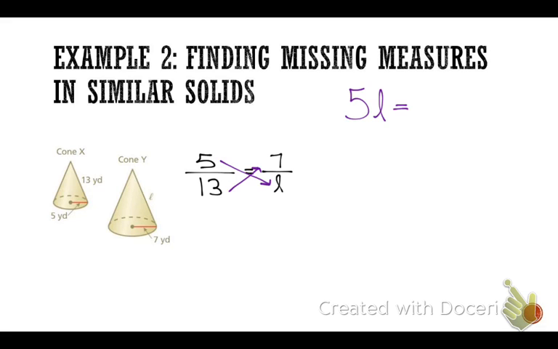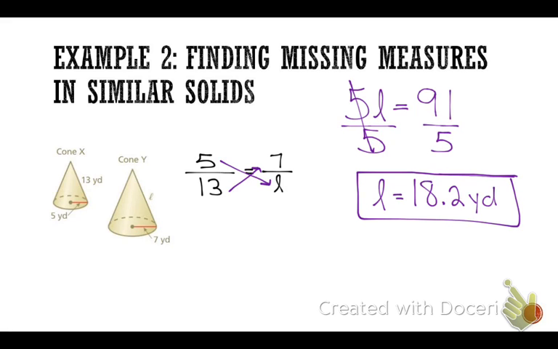That's 84, and then just add 7 more. 91. Okay, now how could I solve for L? Divide both sides by 5. And L equals 18.2.